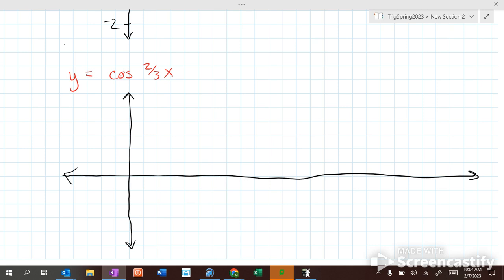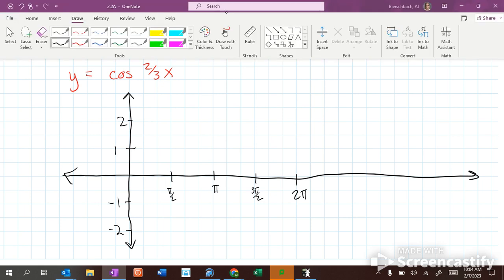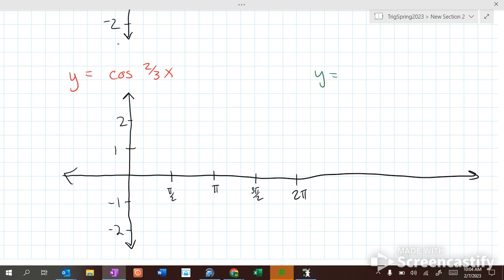So I'm going to go over, I suppose, 6 to get to pi. Just because. So if I graph the normal cosine curve, y equals cosine of x, I start at 1, 0. Looks like this.